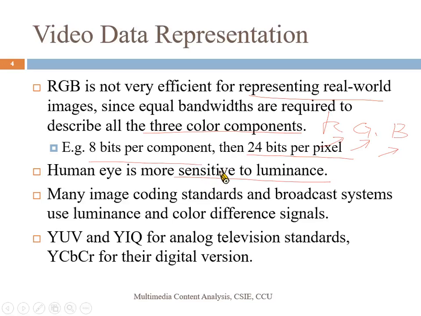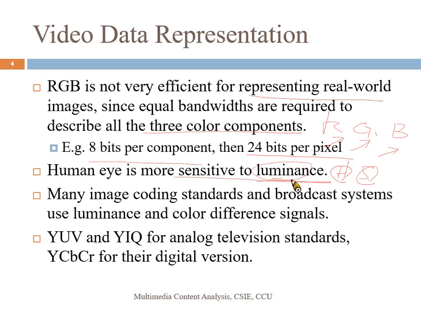And for human perception, we interpret a color based on luminance and hue and saturation. So it's better to separate the luminance information from hue and saturation information. Also, human eyes are more sensitive to luminance.